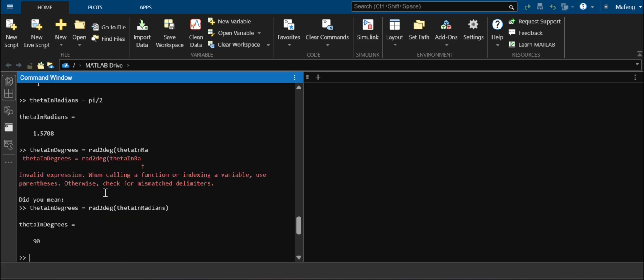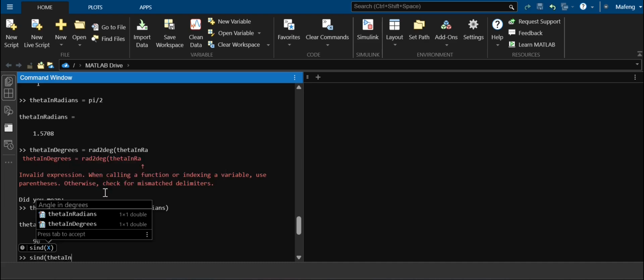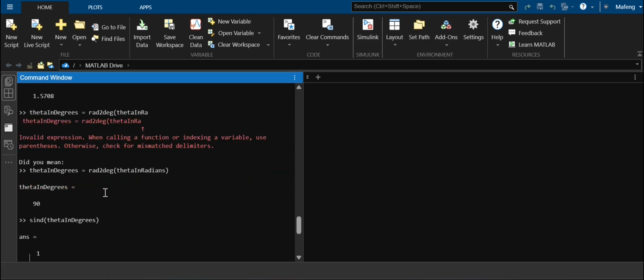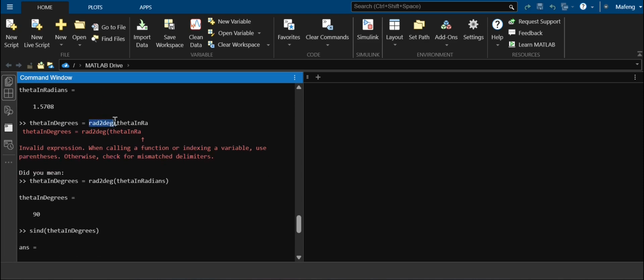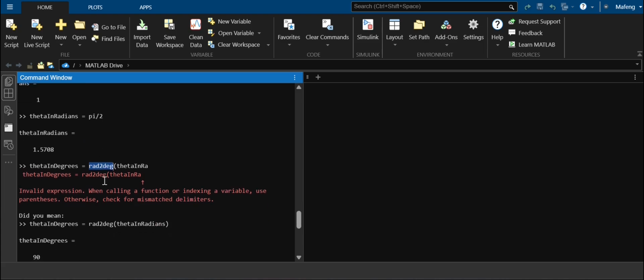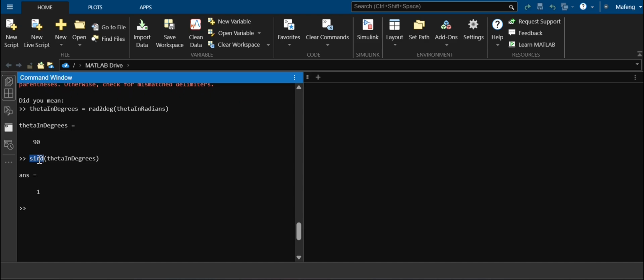That's converted from radians to degrees, and that's 90. So if I use my sind on theta in degrees, I get 1. So from pi over 2, I converted it to degrees, because this is in radians, and then passed it to the sind function, the trigonometric function that takes in angles in degrees.